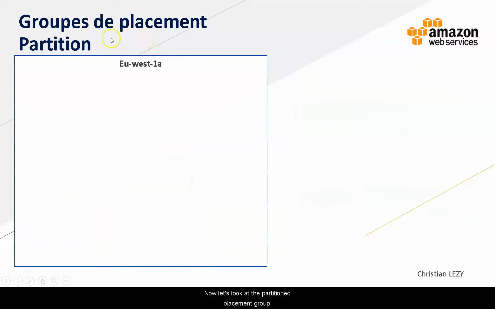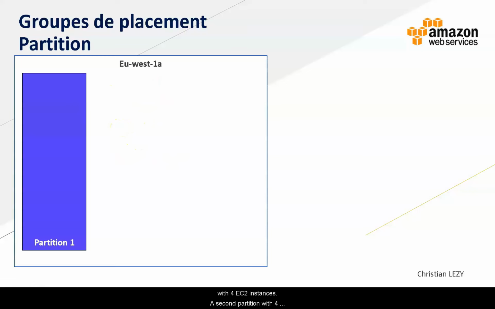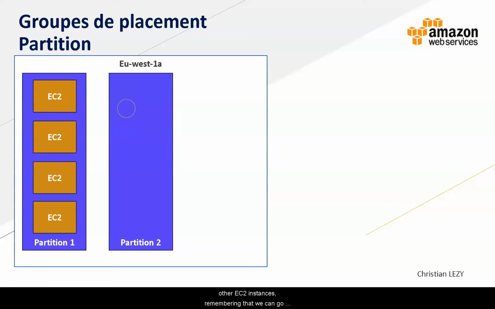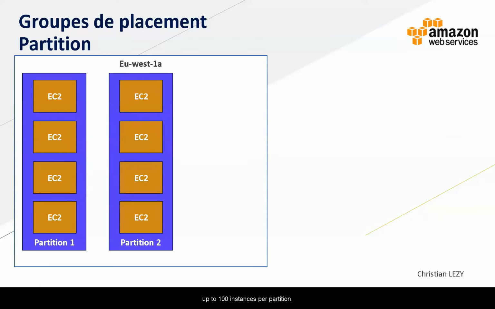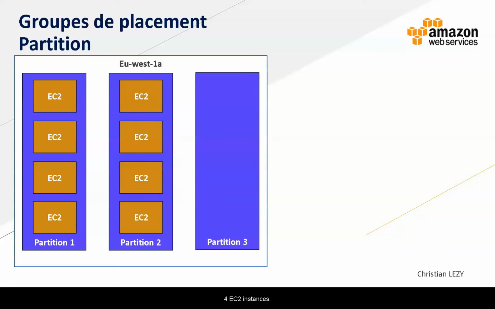Now let's look at the partitioned placement group. We are in the availability zone. We have our first partition with 4 EC2 instances, a second partition with 4 other EC2 instances, and the third partition with likewise 4 EC2 instances.